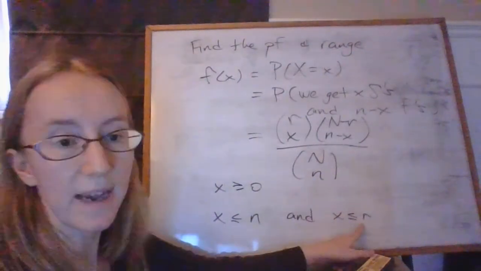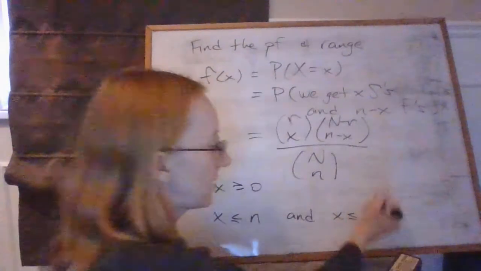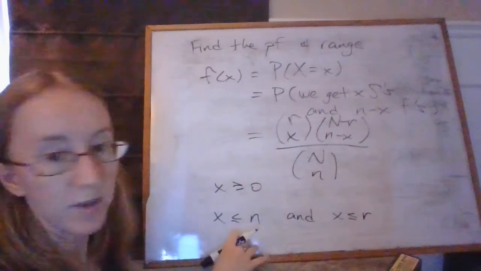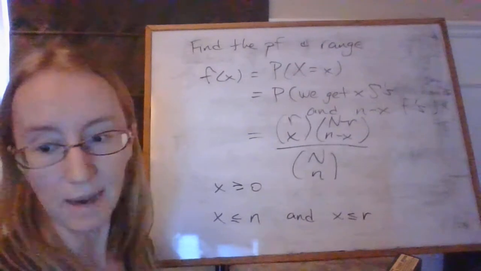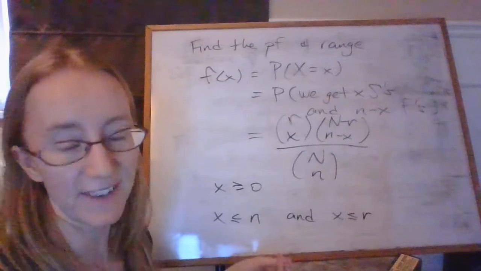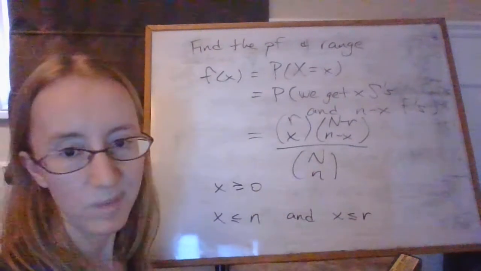And that's required because we are selecting without replacement. So x has to be less than or equal to the number of objects that we're selecting, but it also has to be less than or equal to the number of available successes that there are to select. We could run out of successes if r is smaller than little n.